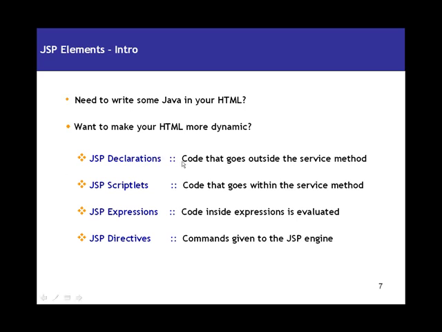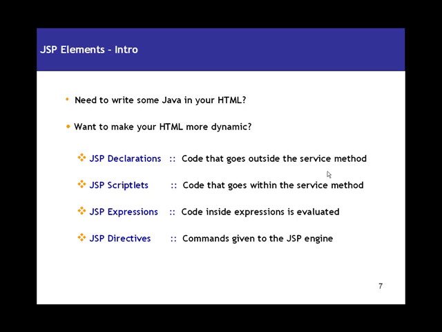JSP declarations. Whatever you put in JSP declarations, that code goes outside the service method, right? Now where did this service method come from? We know that the service method is present in servlets, right? So how did we get this service method in JSPs? If you remember, we just discussed that a JSP is ultimately nothing but a servlet.